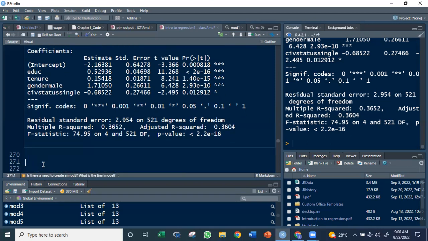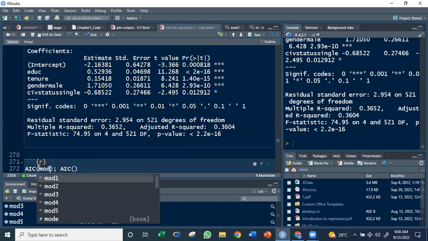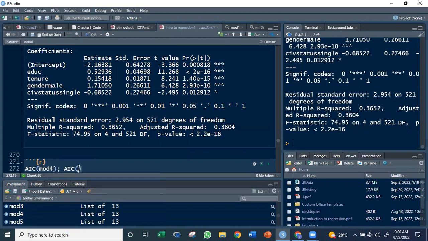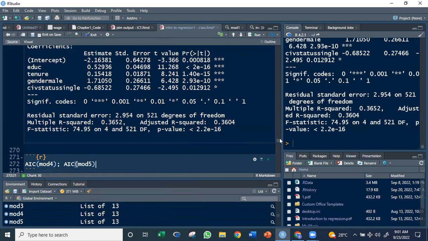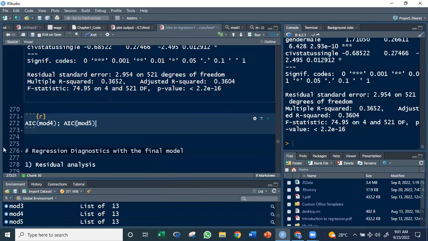Let's see, guys. AIC. And then let's compare model 4 and model 5. Let's see, based on AIC, sino mas maganda? Si model 4 o si model 5?